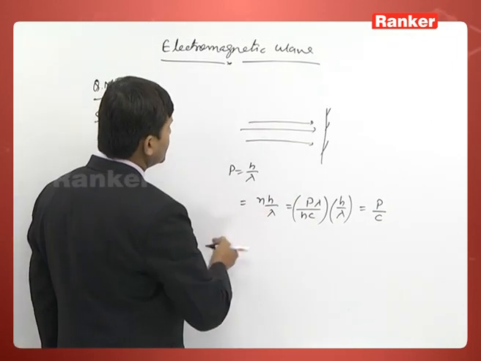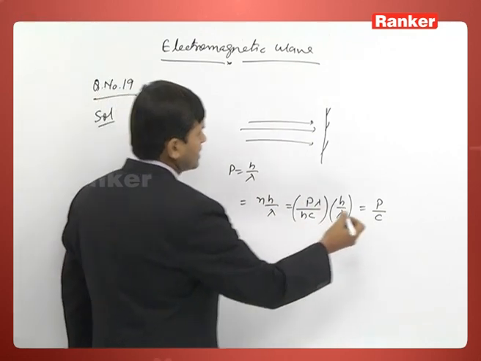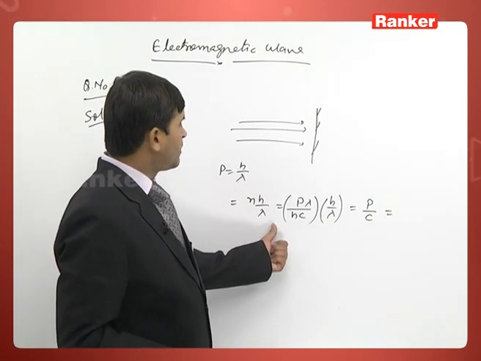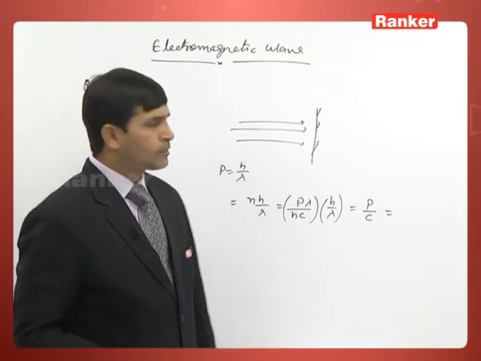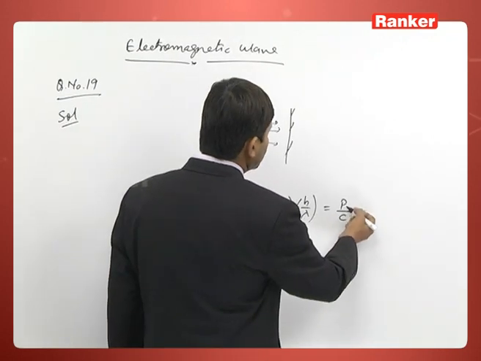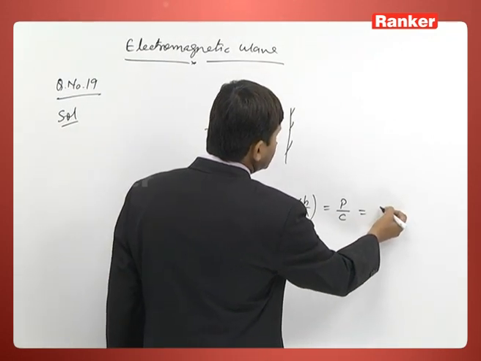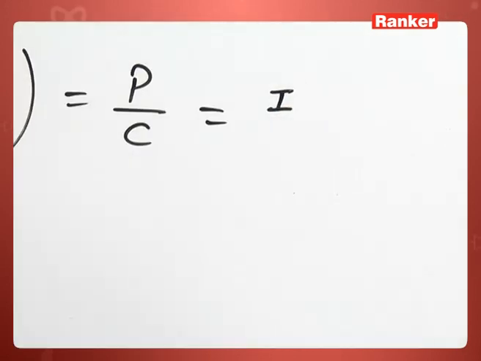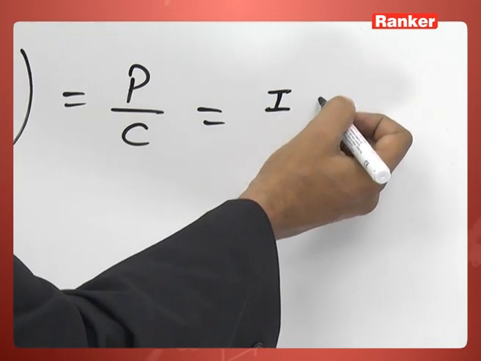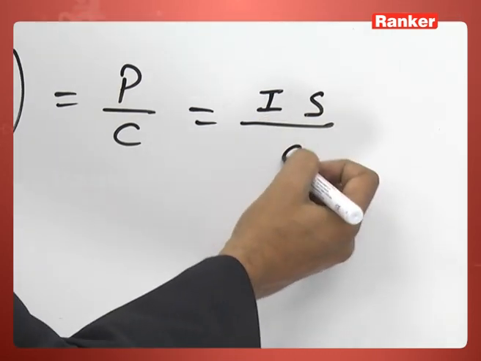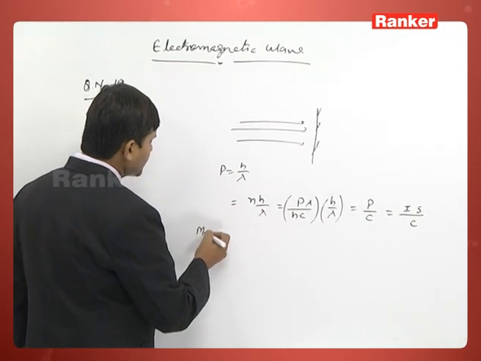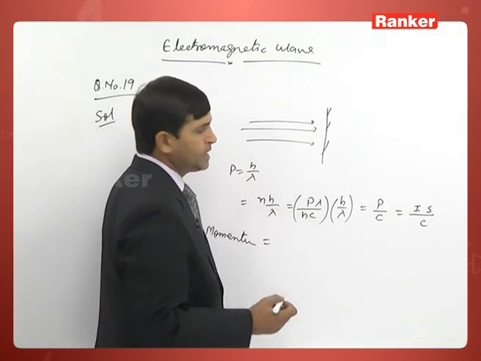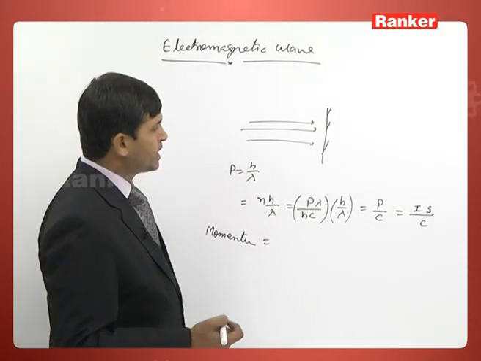So P is the power here, and power is given as 6 watt. Power can be written as intensity into area by c. So momentum transfer is equal to intensity into area by c.